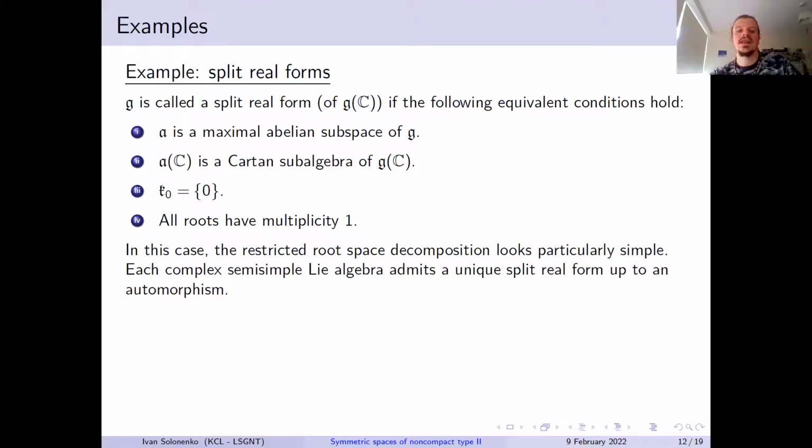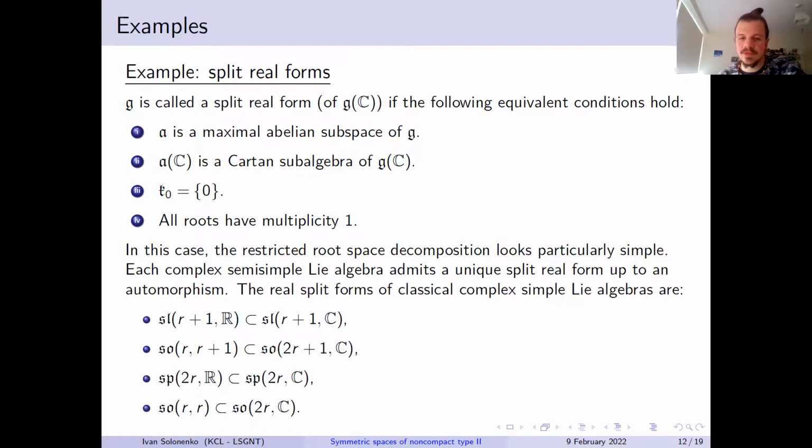Okay. And now the key fact here is that each complex semisimple Lie algebra admits a unique split real form up to an automorphism. I think up to an inner automorphism, but I haven't really checked. So the split real forms of classical complex simple Lie algebras are SL(n,R) for SL(n,C), and so on.